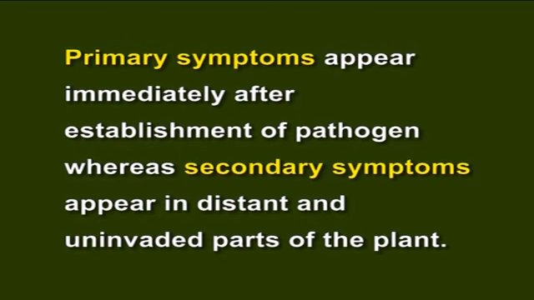Primary symptoms appear immediately after establishment of pathogen, whereas secondary symptoms appear in distant or uninvaded parts of the plant. We have already learnt few parasitic diseases caused by fungi and bacteria. Now let us know in brief about diseases caused by virus and MLOs in mulberry.